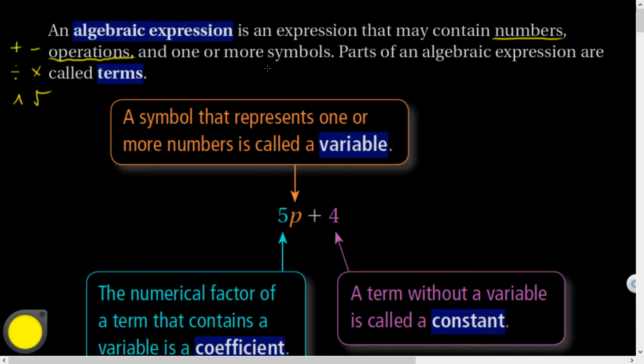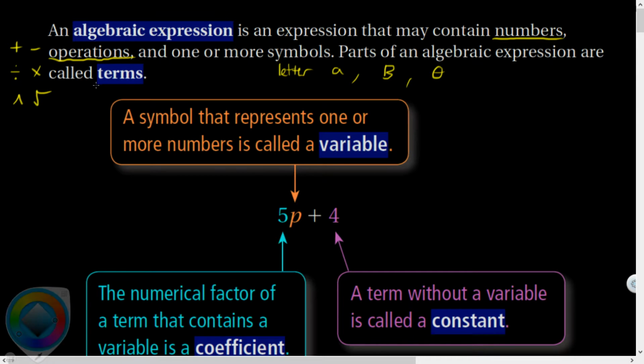And one or more symbols. A symbol being a letter typically, which might be lowercase a, it might be capital B, it might be a Greek letter, theta, all sorts of things, but our symbols are going to typically be letters.